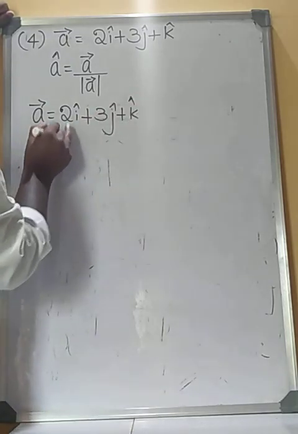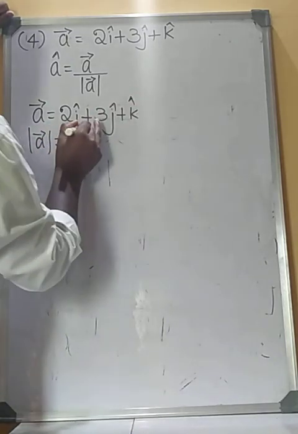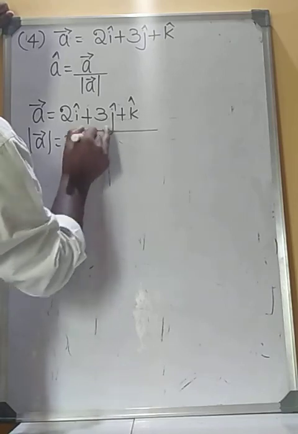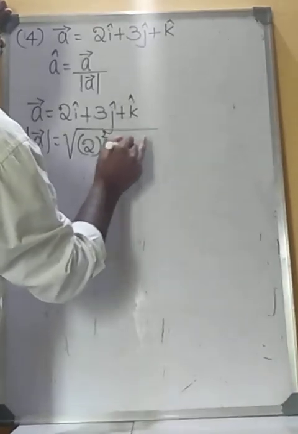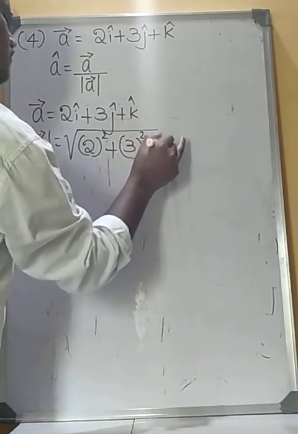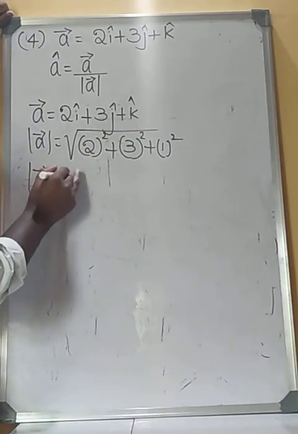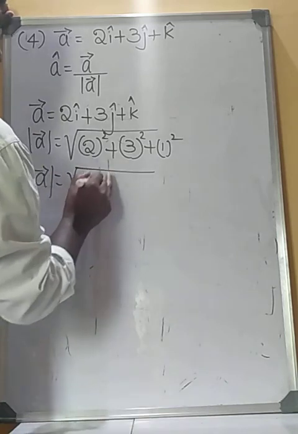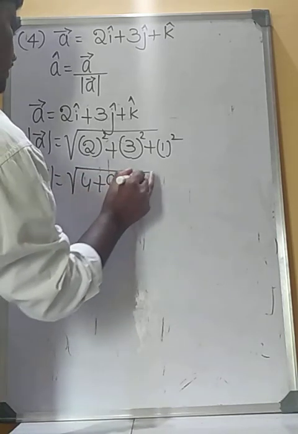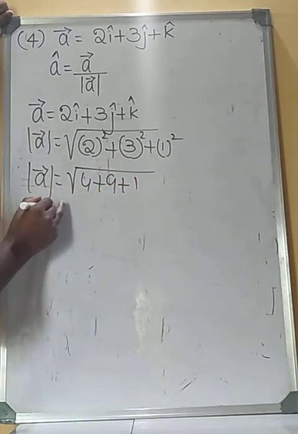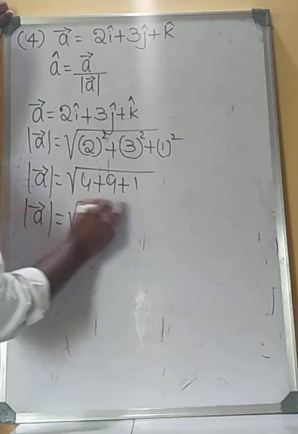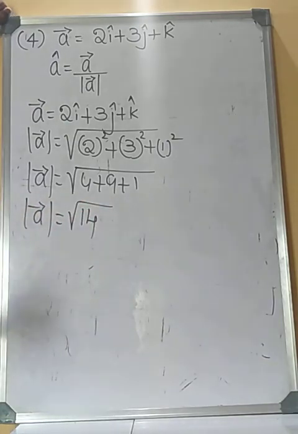The magnitude of vector A is equal to root of 2 square plus 3 square plus 1 square, which is root of 4 plus 9 plus 1, that is root of 14.